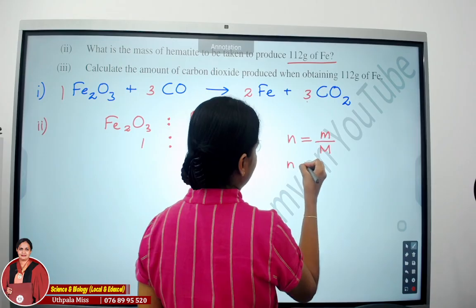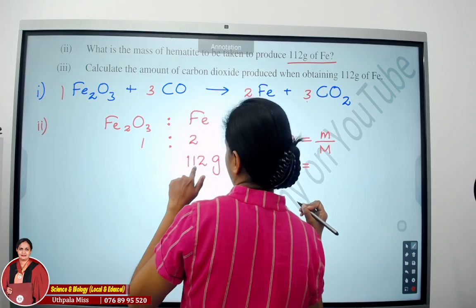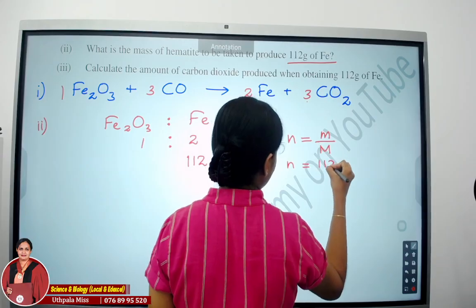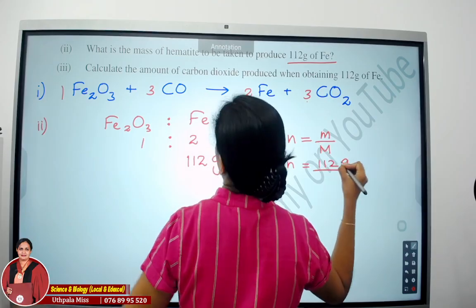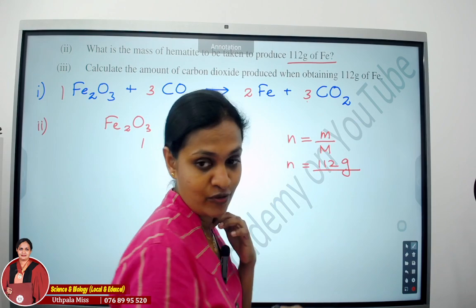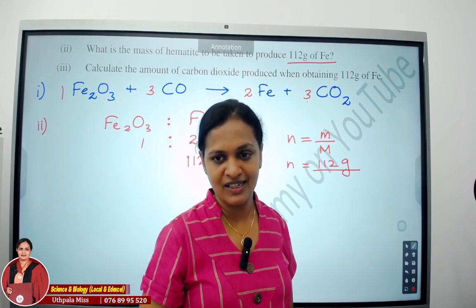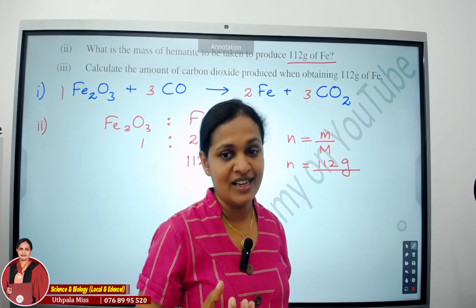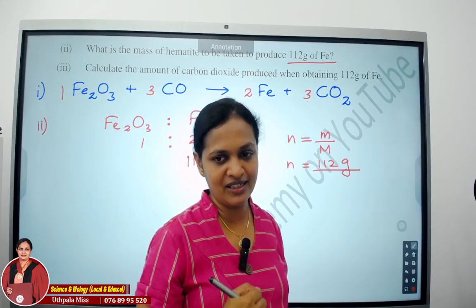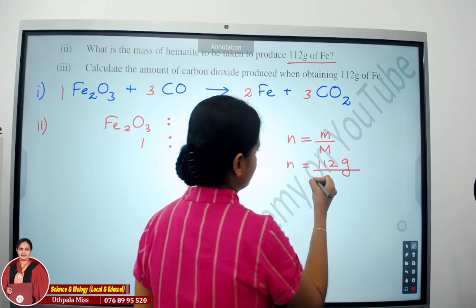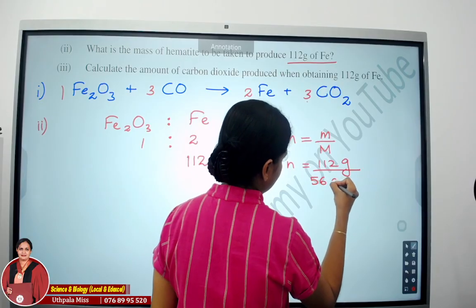What is the number of moles of iron? We need to produce 112 grams of iron. You are given the relative atomic mass of iron as 56. The molar mass is the relative atomic mass taken in grams. So that is 56 grams per mole.